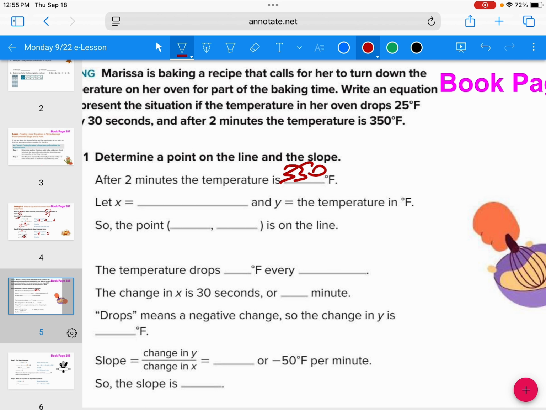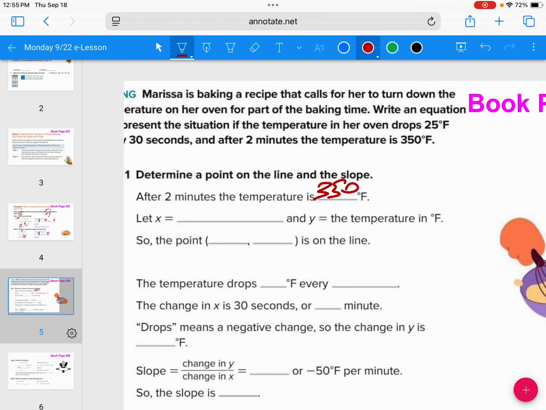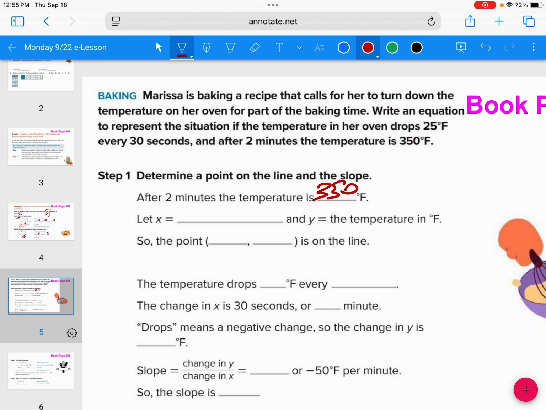Let x equal, let's see, what is x going to be in this problem? Let's go back up to our word problem now. So we need to figure out what x is. That's going to be our input. So our input is time, and our unit of time is minutes. So we're going to say let x equal minutes. And y, our output, is the temperature in Fahrenheit.